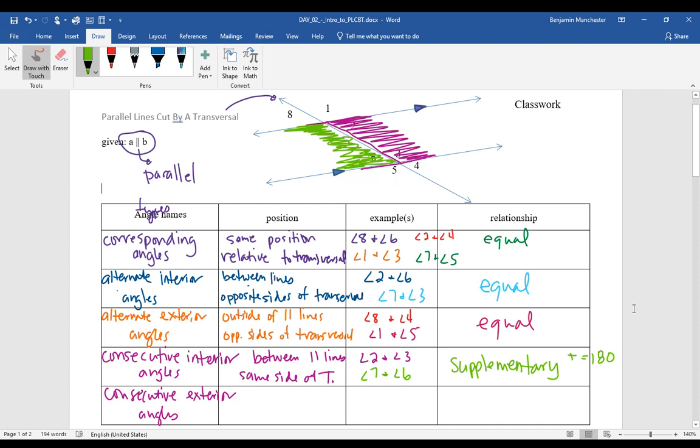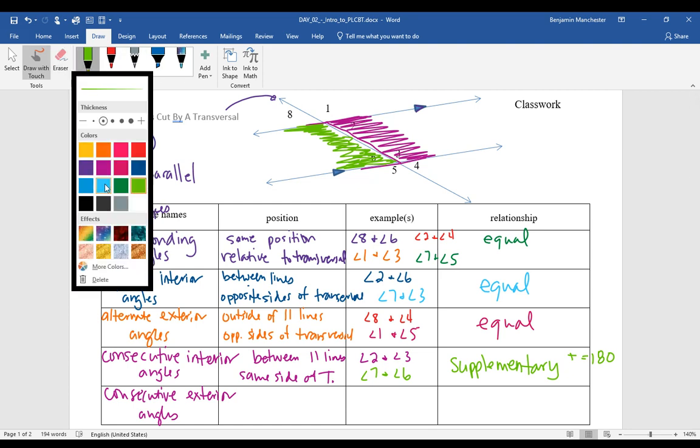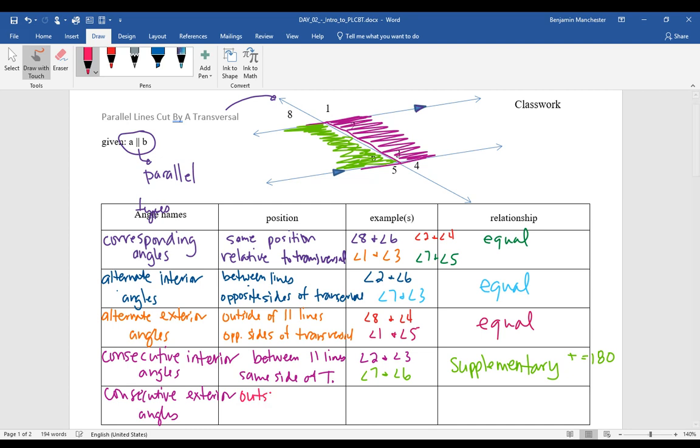Okay, and then the last set, your consecutive exterior angles, are outside of your parallel lines, and they are still on the same side of your transversal. Okay, outside of parallel lines, but on the same side of your transversal.